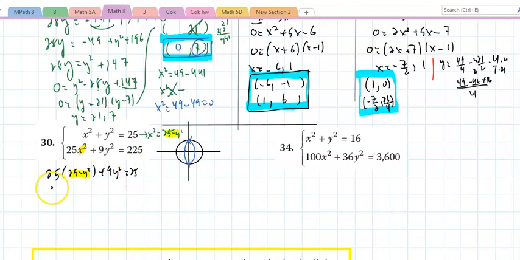And we have 625 minus 25y squared plus 9y squared equal 225.